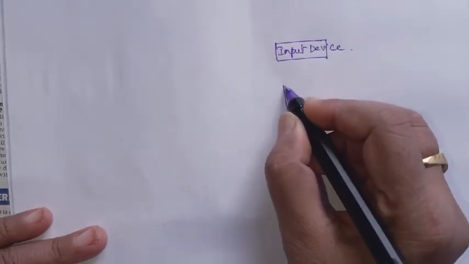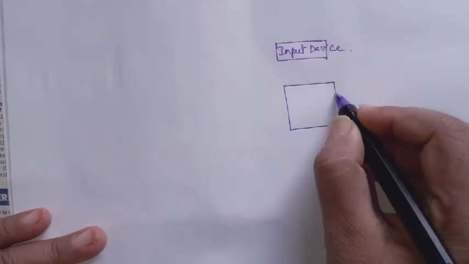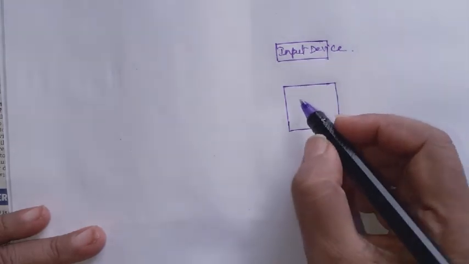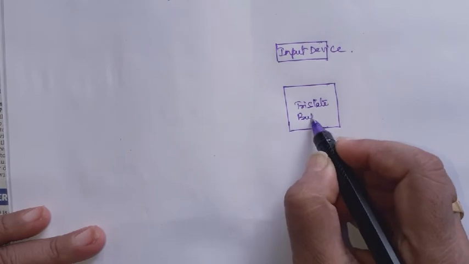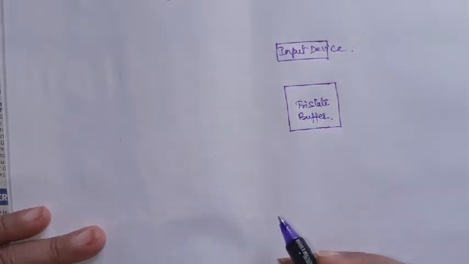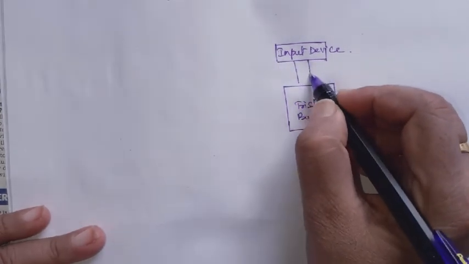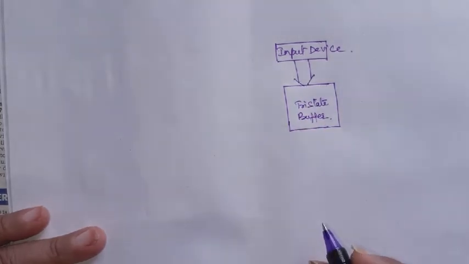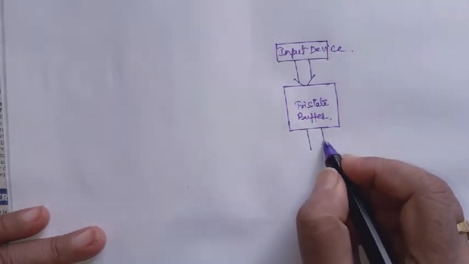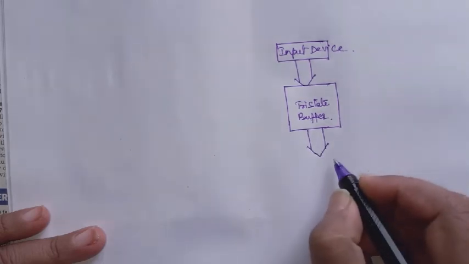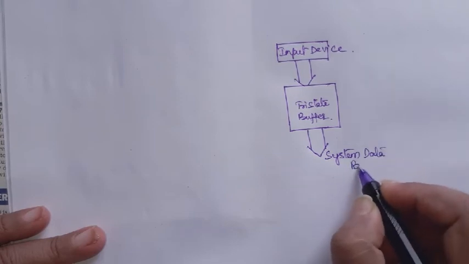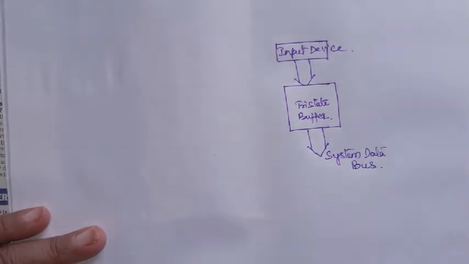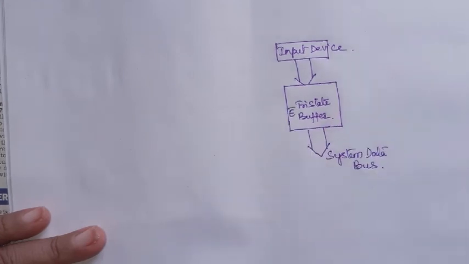So in between this you cannot directly connect the data bus to input device. You need a tri-state buffer here. Okay. So input data bus is connected to this tri-state buffer, and from the tri-state buffer it is connected to system data bus.